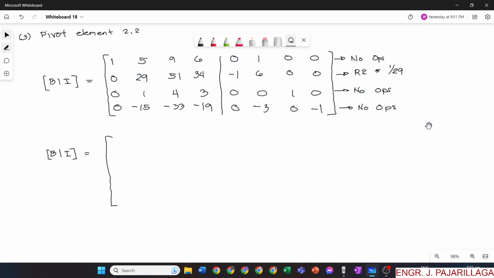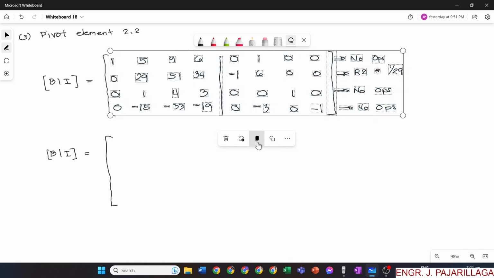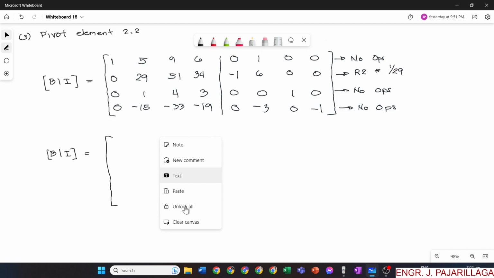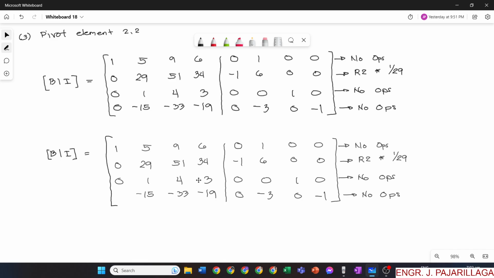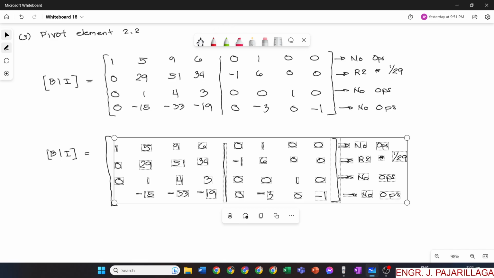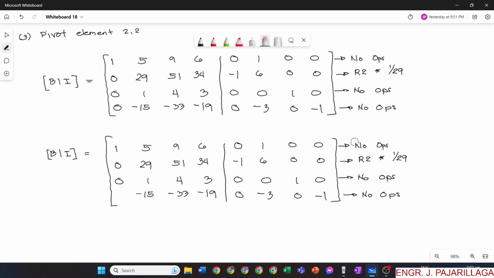Oops, sobra ko. Okay na lang. So, tatanggalin ko yung row 2 kasi dito may operation. So, hindi mababago yung values.